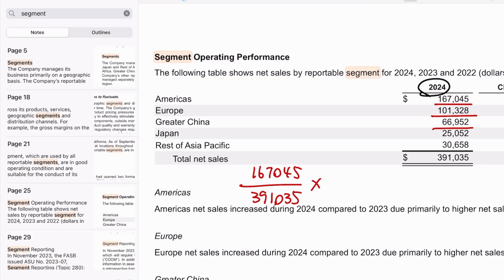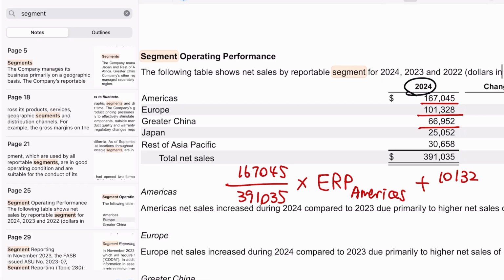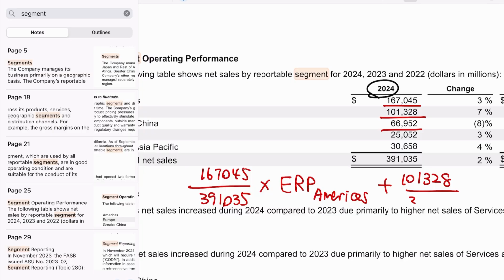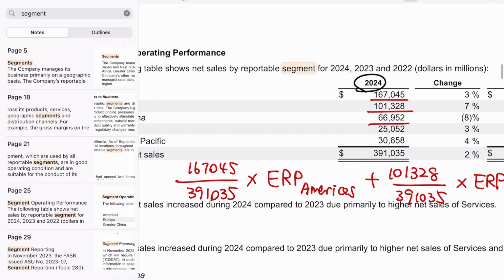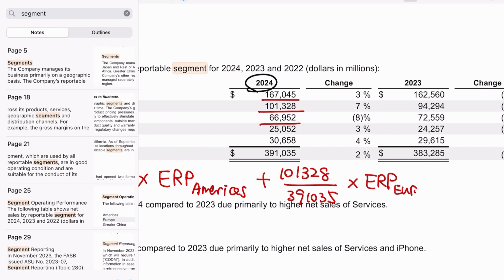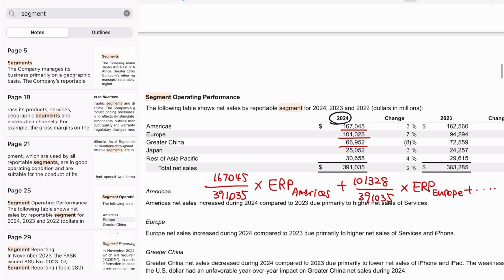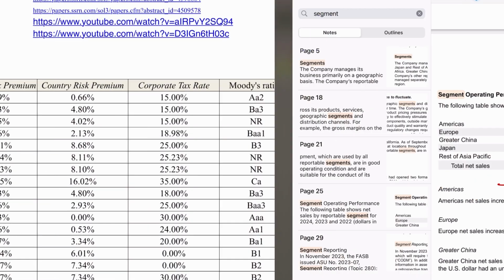We can multiply by the corresponding ERP, America, and then we can take the sum of all these to get a weighted sum of equity risk premium. So this is Europe. So we can take the sum of all these to get the equity risk premium of Apple.